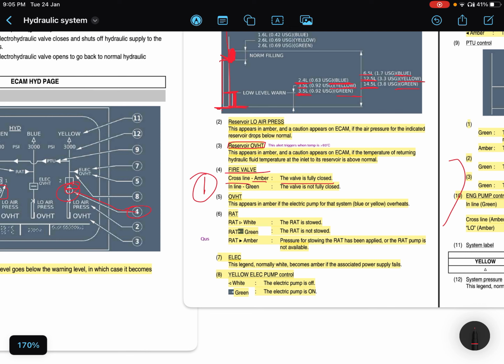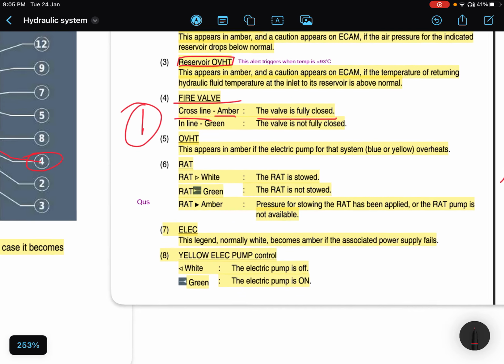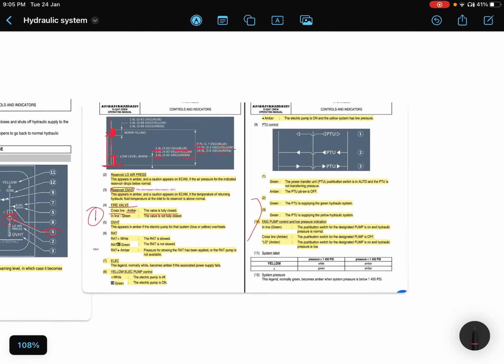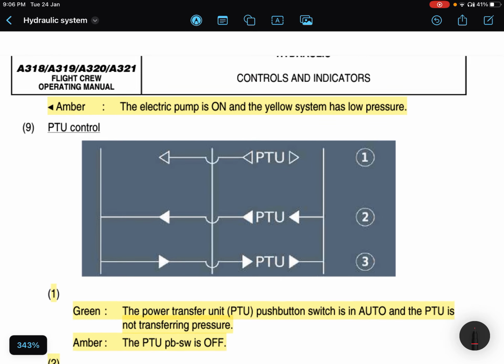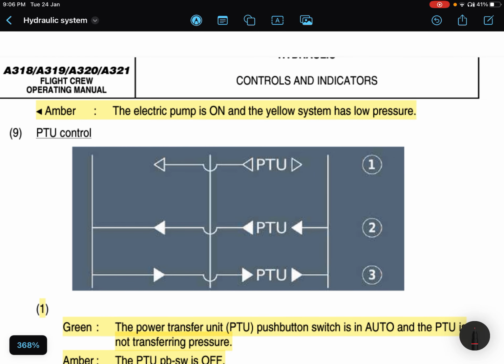What are the controls and indicators? There is nothing that I really need to clear up or tell you. There is nothing like this in these controls and indicators. I should clear this thing: if indications are like this, it means PTU is supplying the green system from yellow.